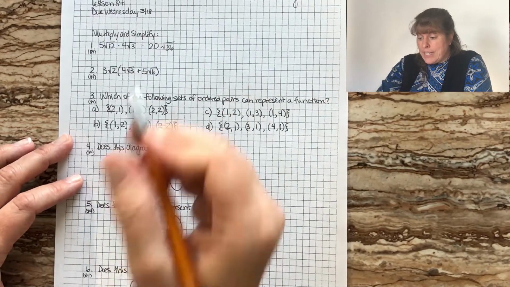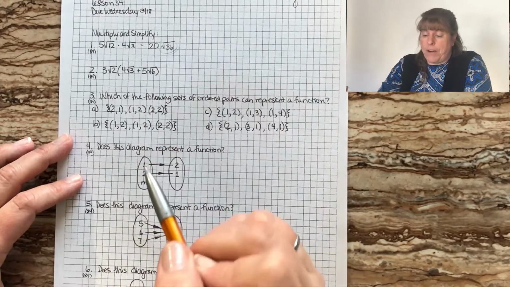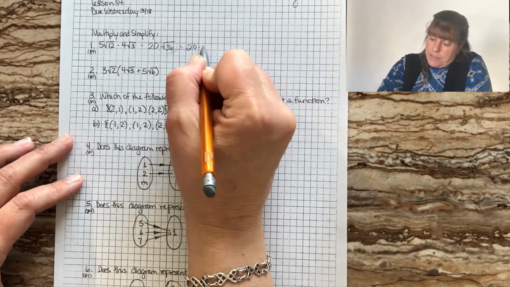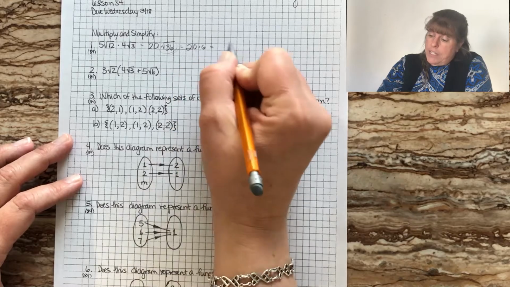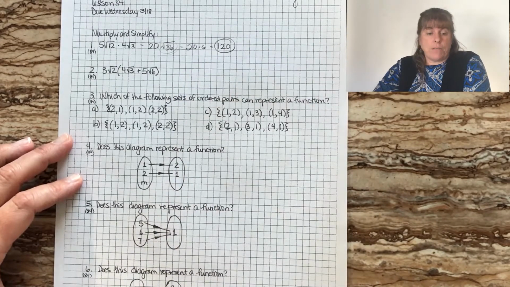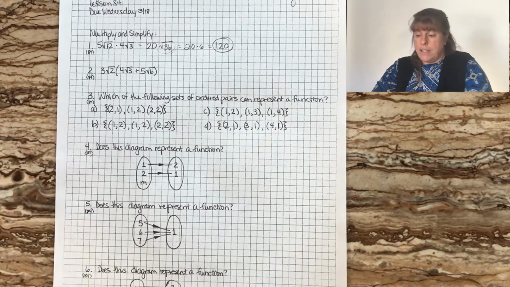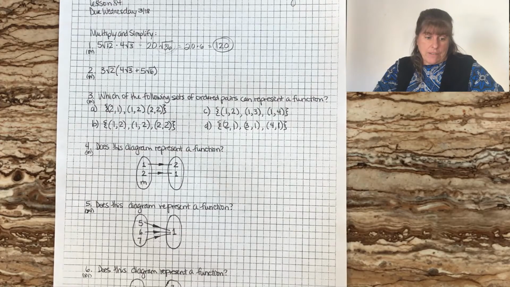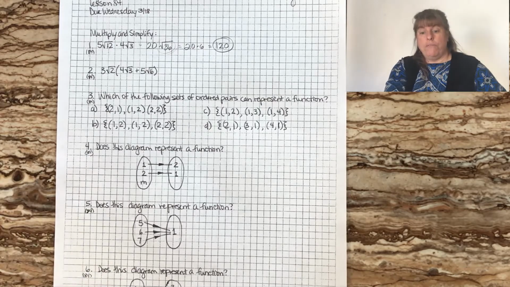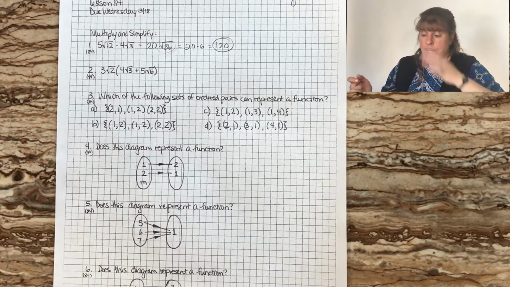Wow, that's kind of handy because look at there, that's a perfect square. And so I get 20 times 6, which is 120. And that's how that works. So nice and easy. You just basically have to make sure that you don't forget to reduce. Make sure that you're reducing.